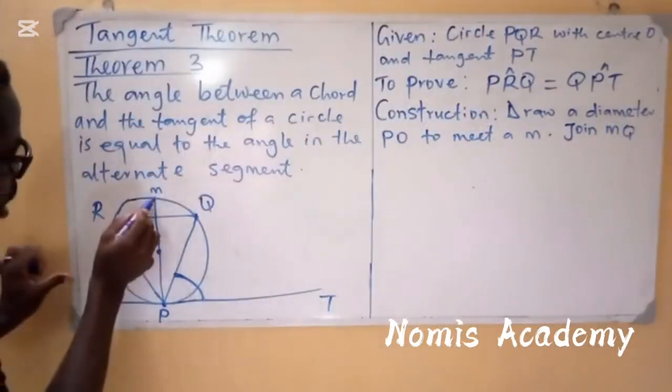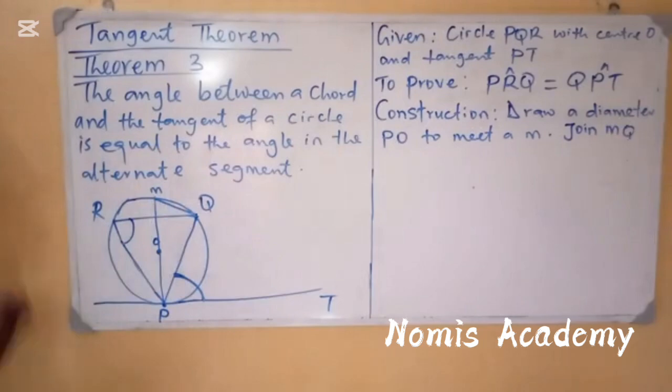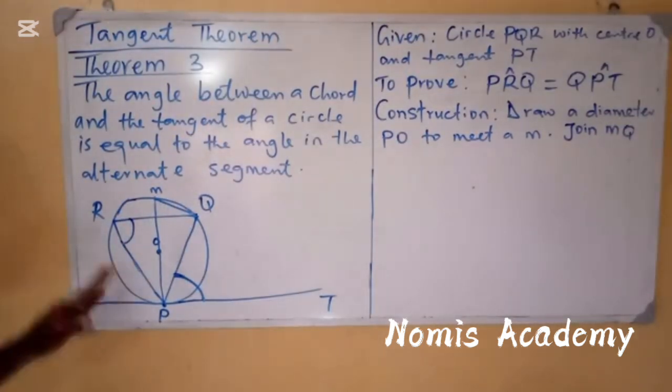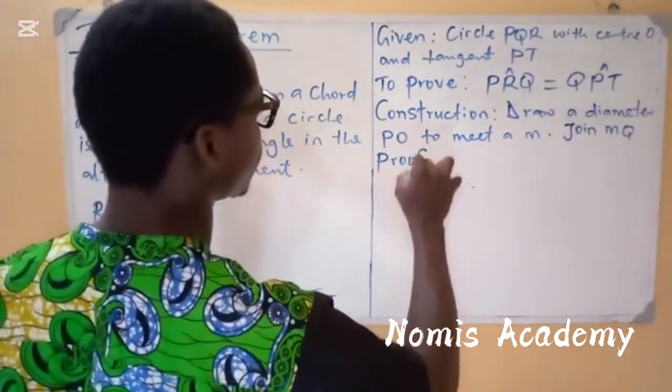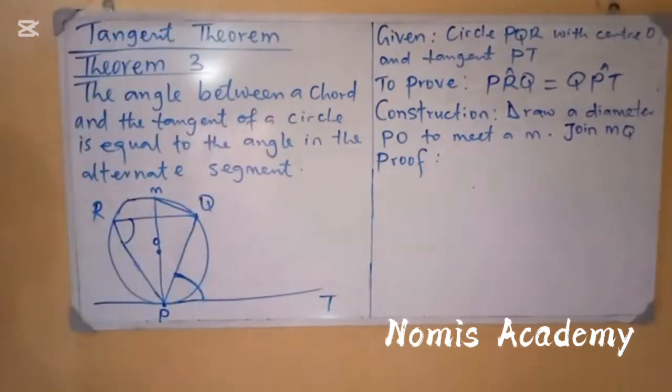Okay, so we have MQ. All right, so we've done that. So this is the construction. The next thing to do is to start the proof.